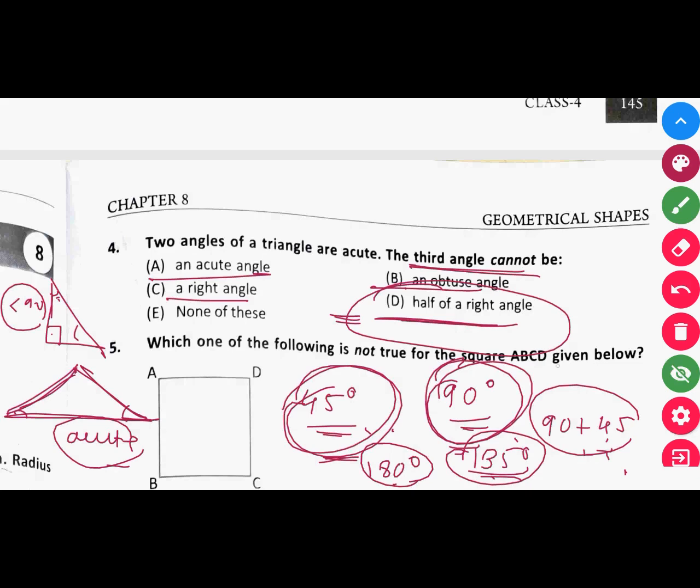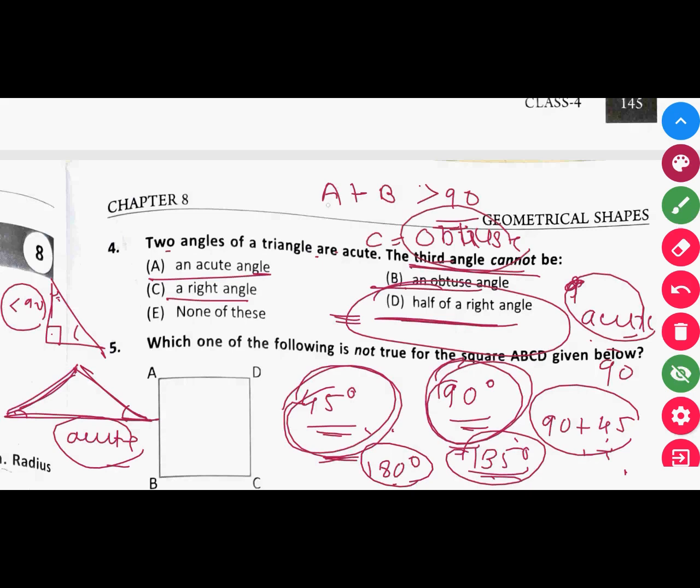We'll check by another method. See, if the sum of these two acute angles is lesser than 90, that is, A plus B is less than 90, then C must be an obtuse angle because if we add these three angles, their total is 180.